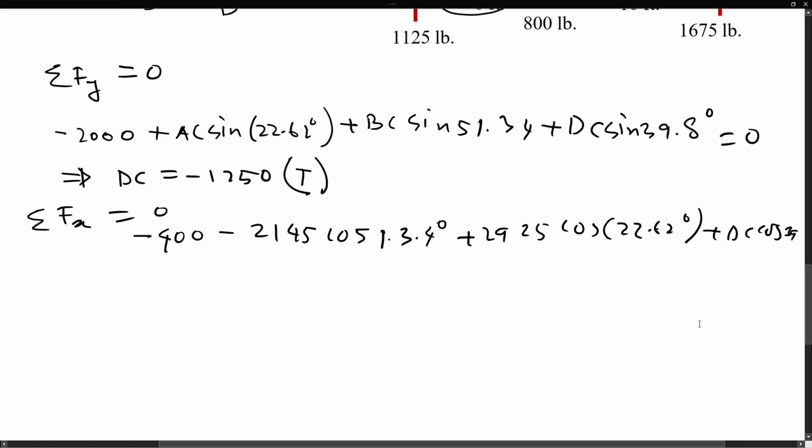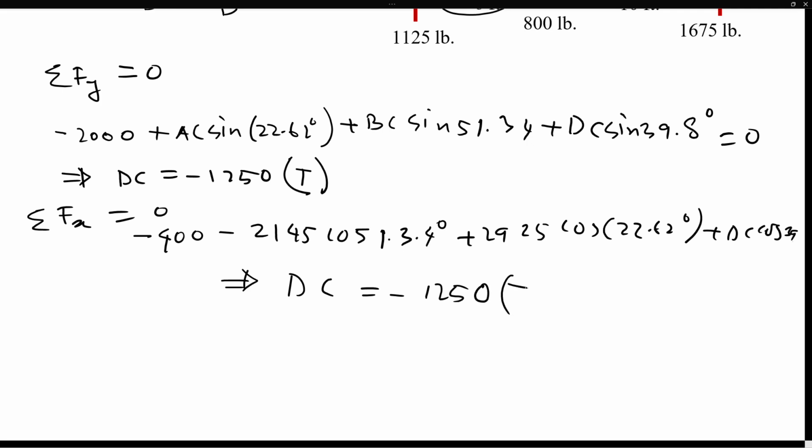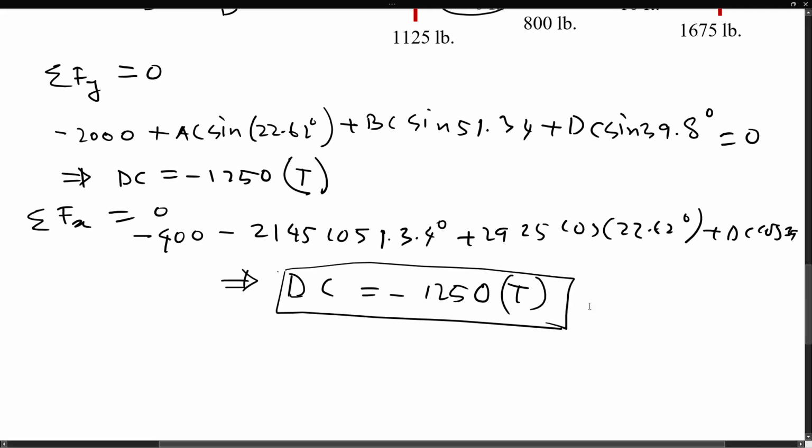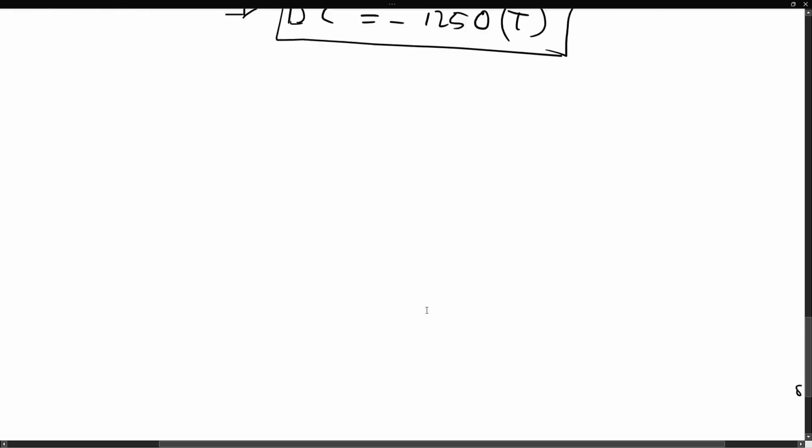Then you can solve for DC and you'll find the exact same thing we have found. Again, the plus minus is not that important. Is it pulling that point or compressing that point? In this case, the point we're looking at, C, is pulling that point, therefore it is in tension.